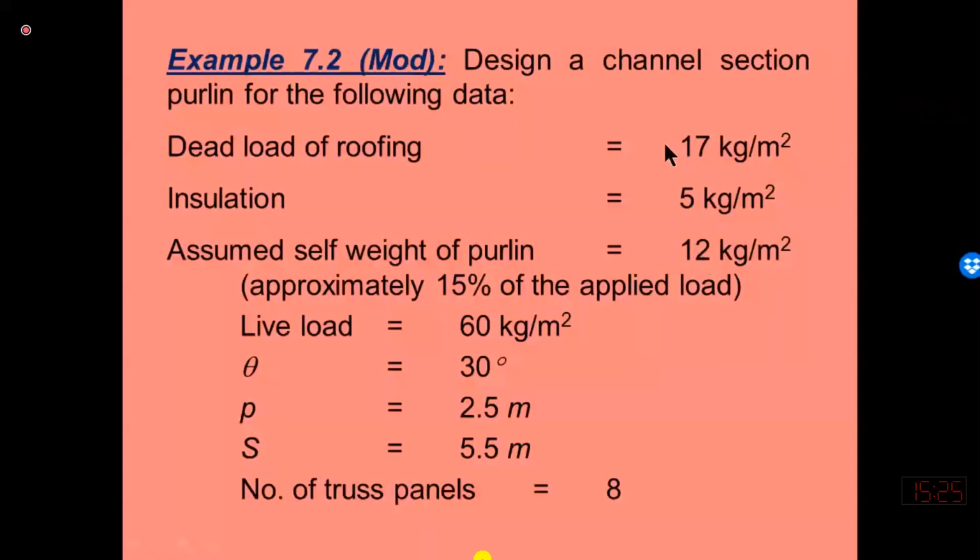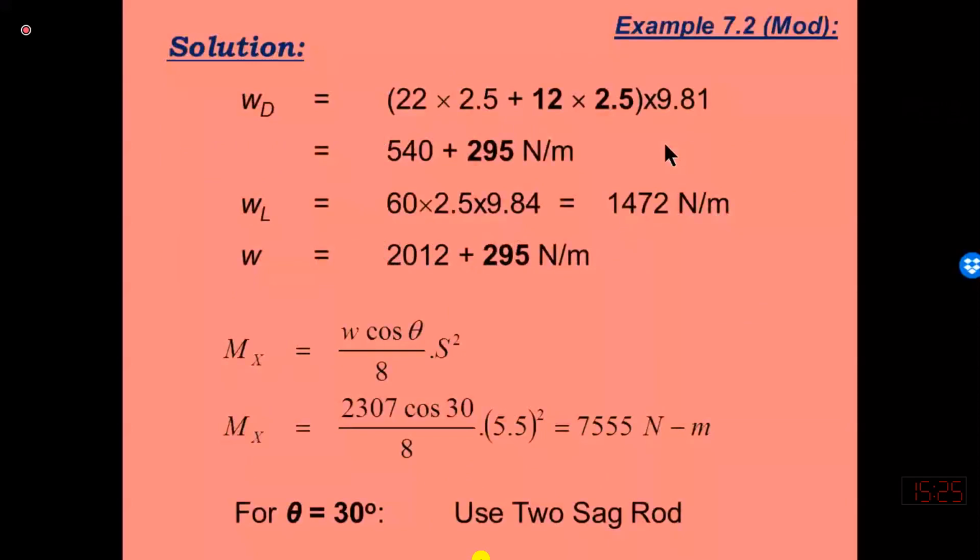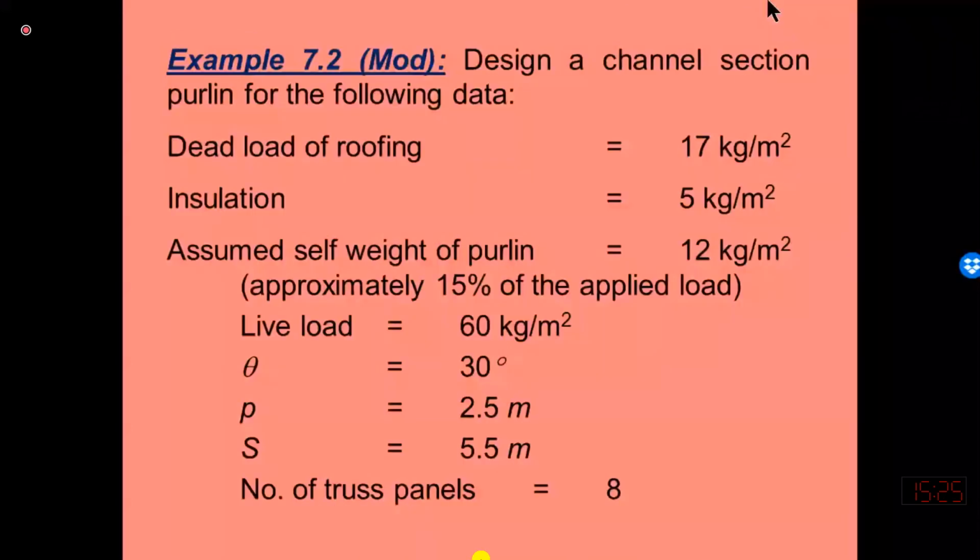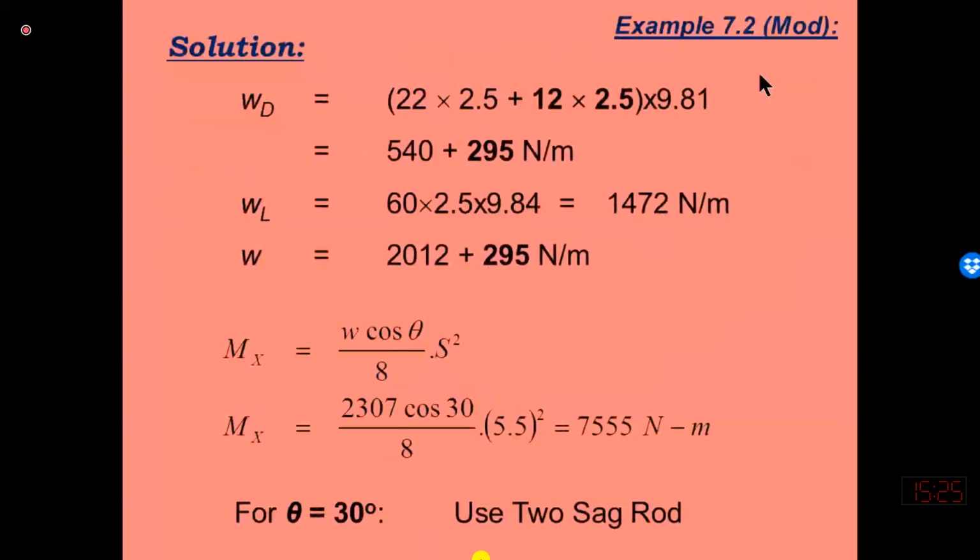Because self weight does not produce torsion, while all the other applied loads, which act at the top flange or top surface of the purlin, also produce torsion along with bending moment. Just see here, 17 plus 5 is 22 and 12 is separate. So 22 is the applied dead load and 12 is the self weight.